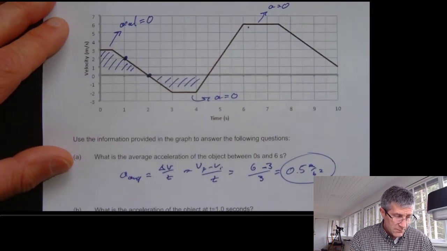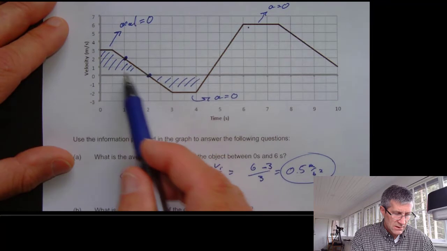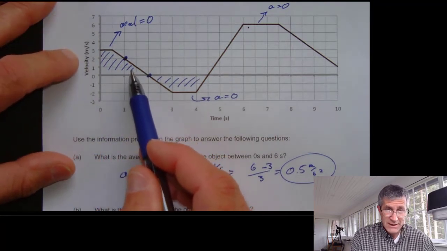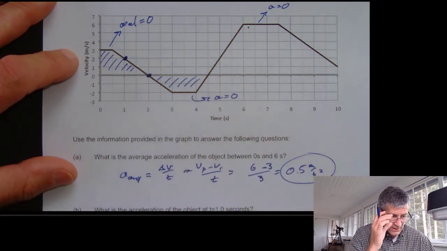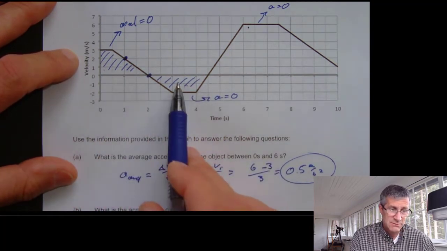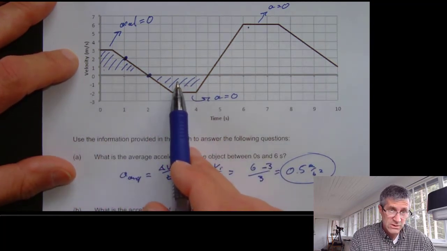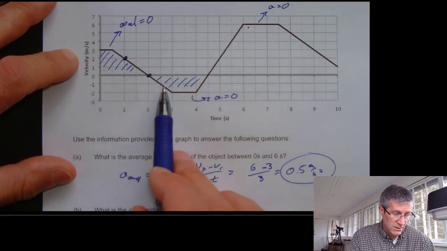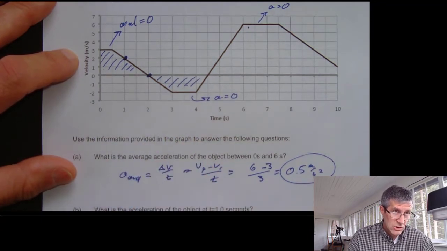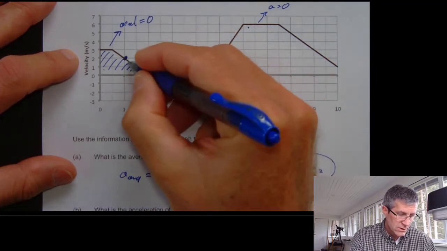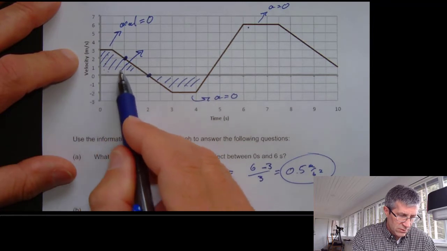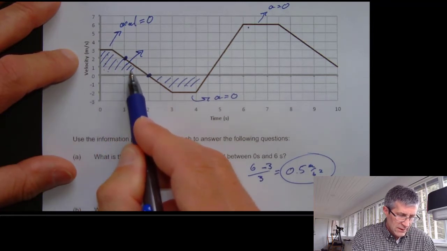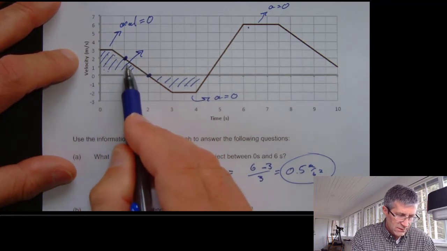Here I travel a distance in the positive direction, and then I travel a distance in the negative direction. My total displacement from where I start to where I end is not going to be that far, but the distance traveled, I've traveled there and back, is going to be further. So first I'm going to figure out the area under these. I'm going to count squares: 1, 2, 3, 4, 5, 6 whole squares, plus 1/2, 2/2, 3/2.